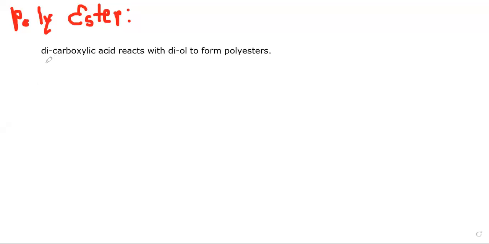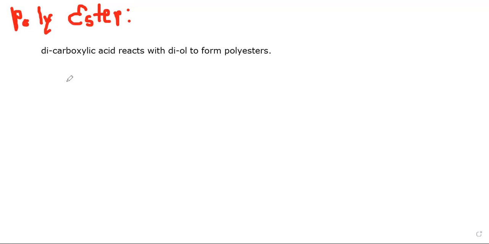So what is polyester? If any dicarboxylic acid, for example hexane dioic acid, reacts with any diol, we can take ethane 1,2-diol as the diol.